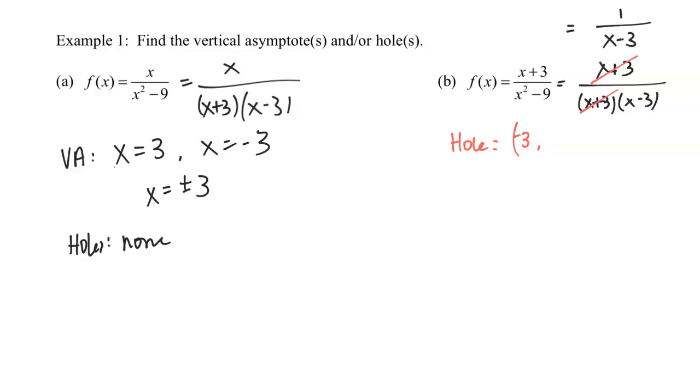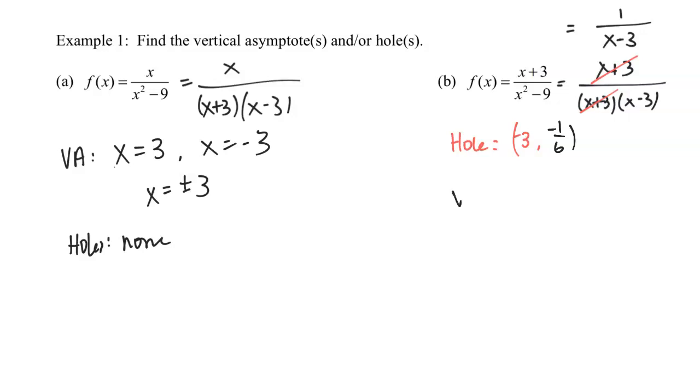And so to find the y value of the hole, because the hole is really just a point, it's an ordered pair, I'm looking for the y value of the hole. I'm going to substitute negative 3 back into the most simplified version. If I substitute negative 3 into this simplified version right here, I'm going to get 1 over negative 3 minus 3, which will reduce to negative 1 over 6.